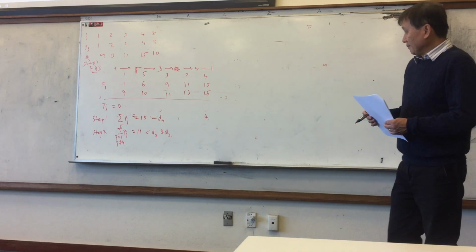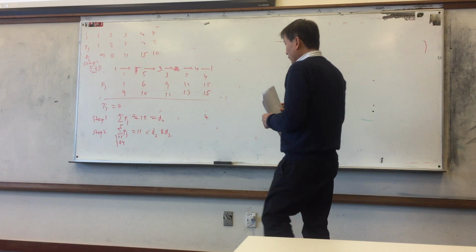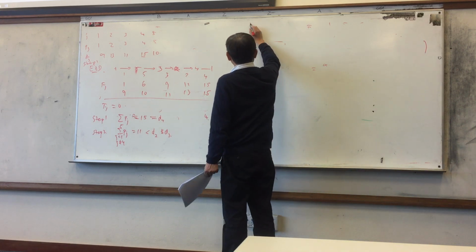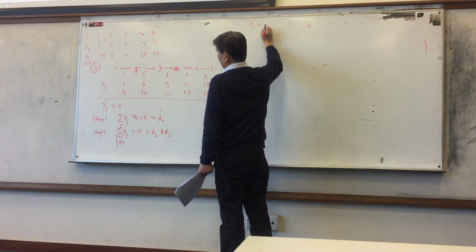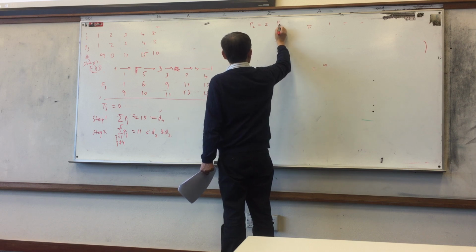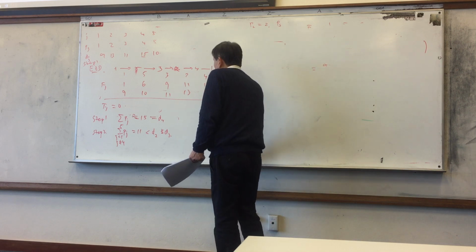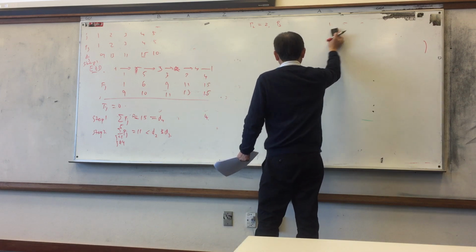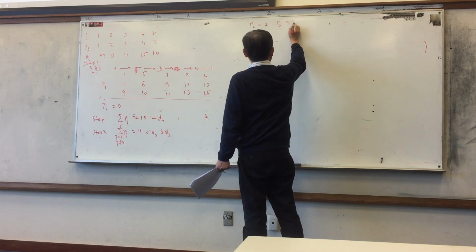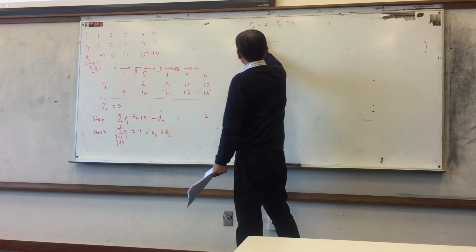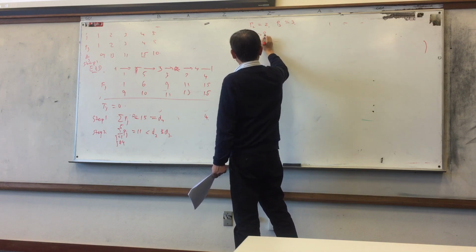Now, then I'm going to look at the P2s. So P2 is equal to 2, and P3 is equal to 3. Now, obviously P3 is greater than P2.